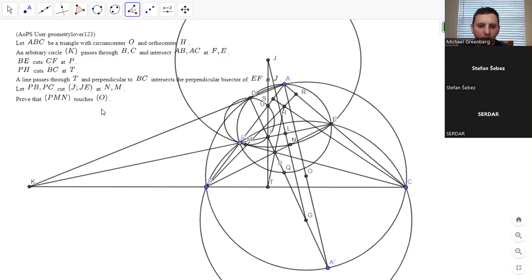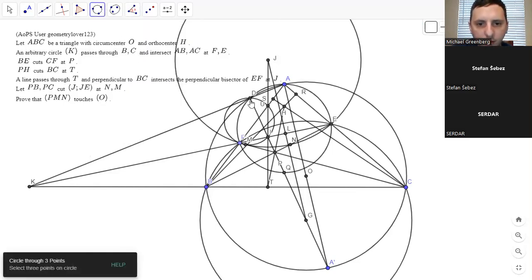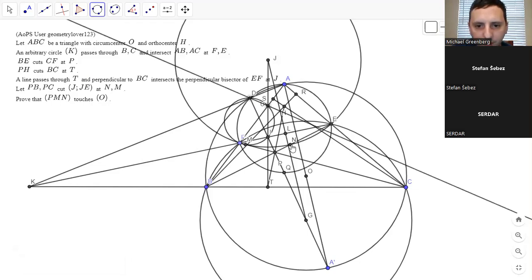Let's see. We haven't proven that it's cyclic yet, but I'm trying to think, if we did, how would we show it's tangent? Looks like DUNTB is cyclic. It's a lot of points.